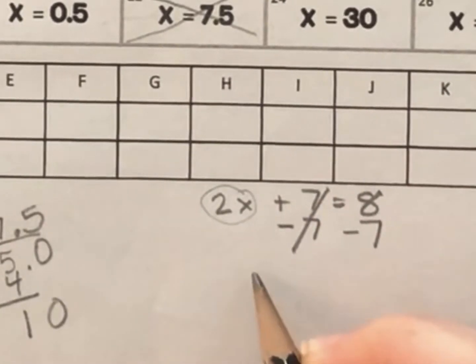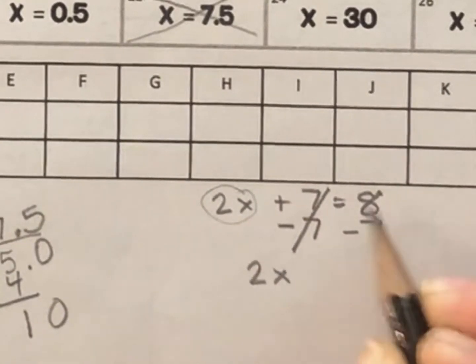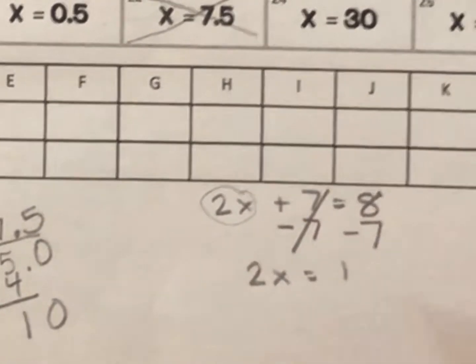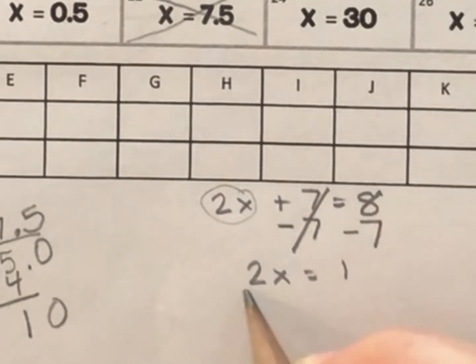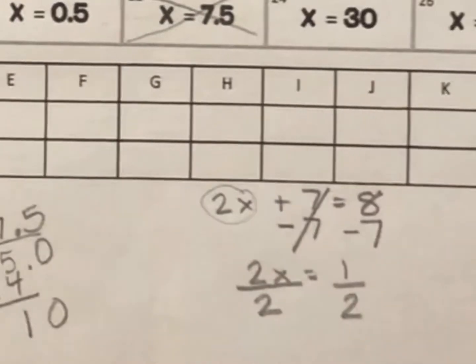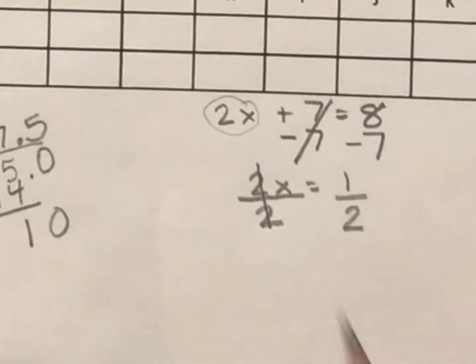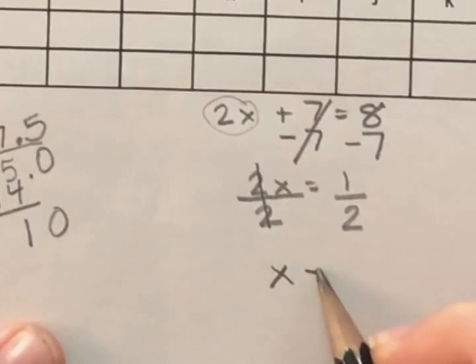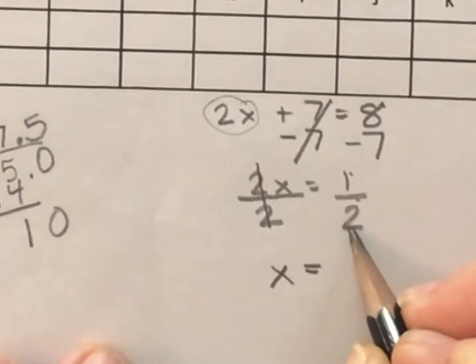That cancels out, so I'm left with 2x equals 1. Okay, this is not going to be a whole number again, but I know this time to put it in fraction form. So this cancels out. So I'm left with x equals 1 divided by 2.